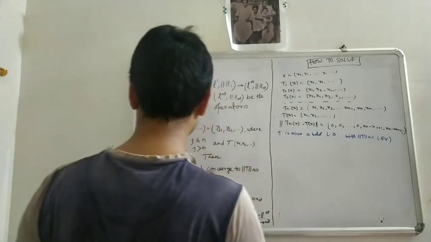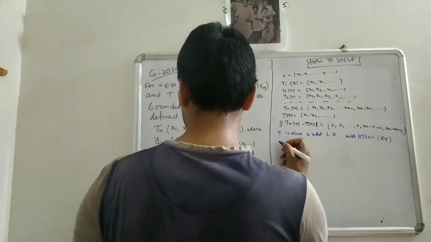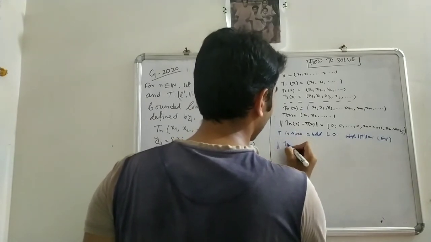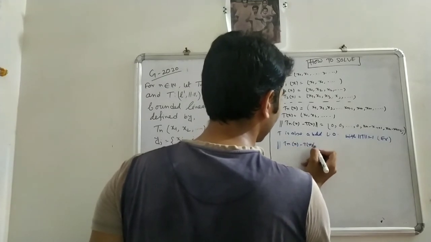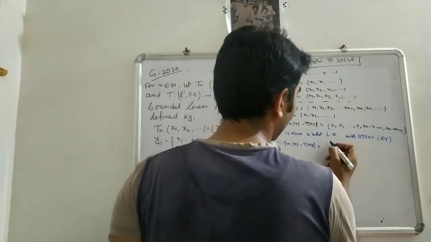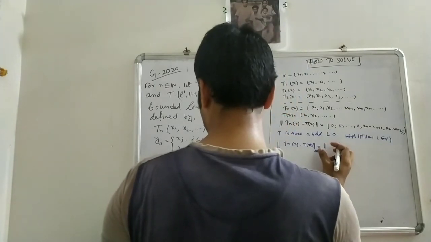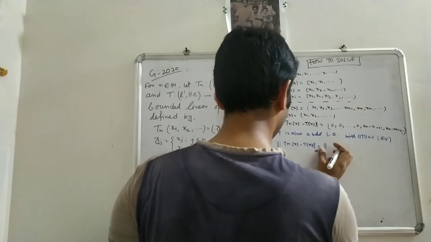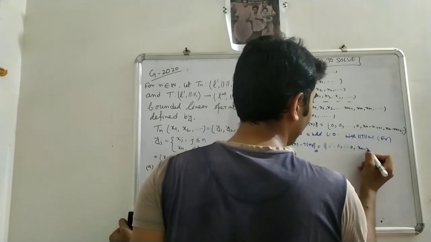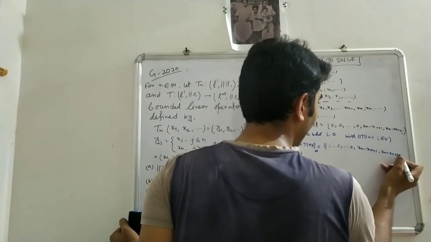Okay. Now norm of Tnx minus Tx. So this is equal to the sequence 0, 0, 0, xn minus xn plus 1, and xn minus xn plus 2 and so on.